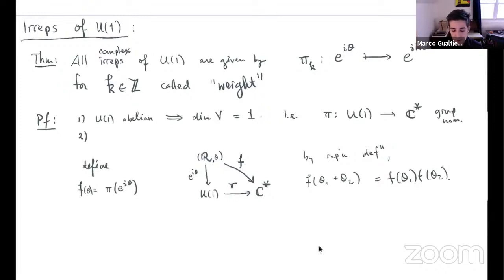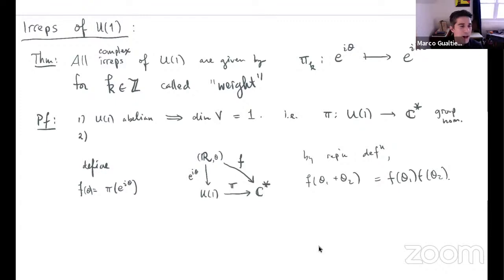Meaning that this U1 has a coordinate, a local parameter theta, and this C star has a local parameter Z, let's say. And if we look at this map pi, it's differentiable. These representations are differentiable.